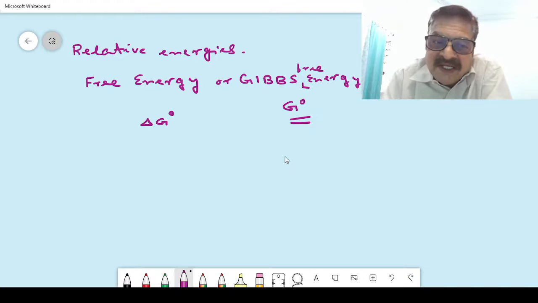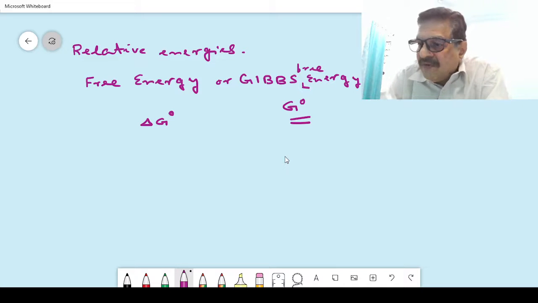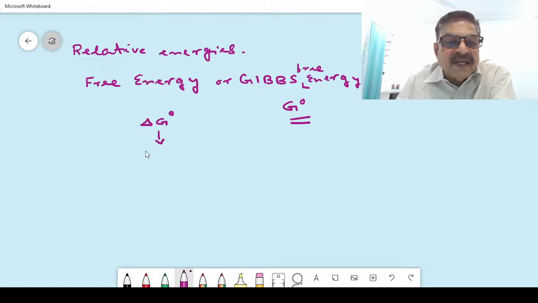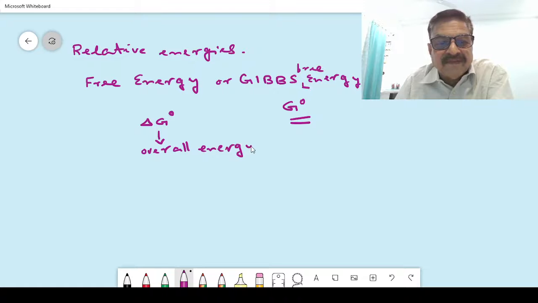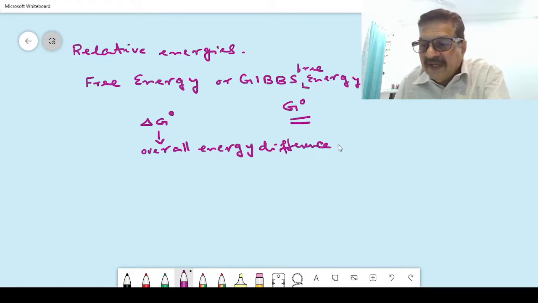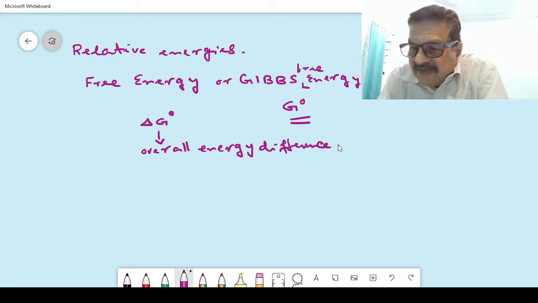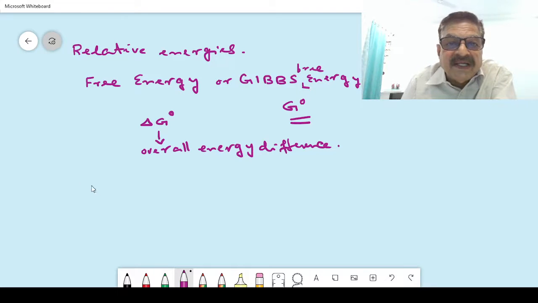Now delta G is the overall energy change. Correct? Delta G is the overall energy difference between the reactants and the products. So this is known as free energy change. Delta G is the free energy change.